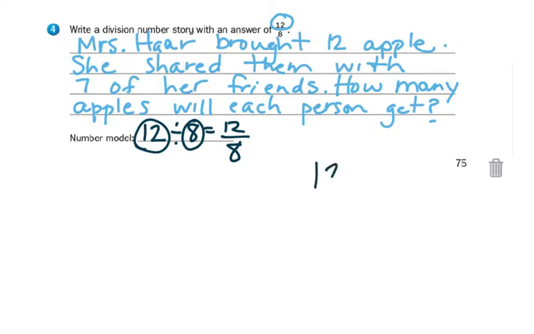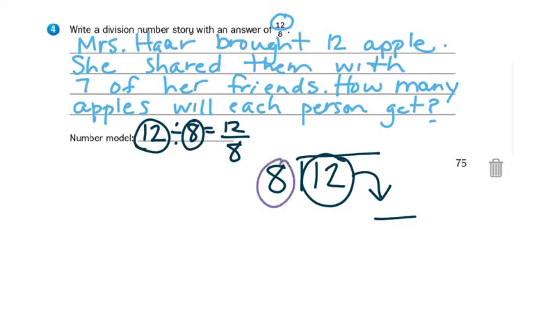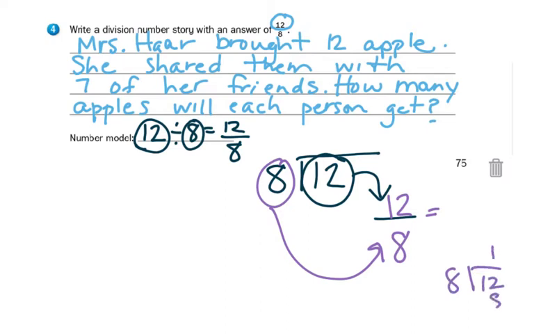So if I go 12 divided by 8, this becomes the numerator, the top of the fraction. The divisor, the number you're dividing by, becomes the denominator. So this is 12/8. Another way to say 12/8 is how many 8s are there in 12? Well, there's 1 with a remainder of 4, so 1 and 4/8.